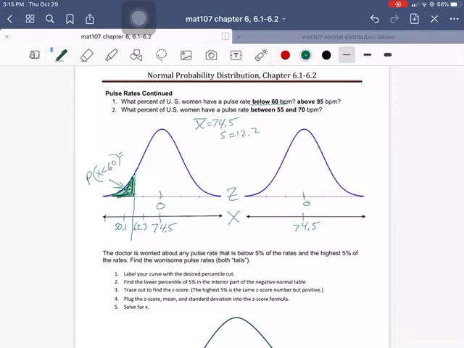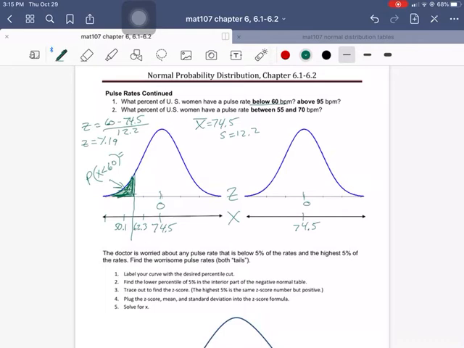All right, so I need a z-score for this. So z equals 60, the individual point, minus the mean over the standard deviation. And when you crunch that out, z is going to equal negative 1.19. Make sure you're rounding to 2 decimal places always for your z-scores so you can use the chart. All right, because we're going to use the table and go down to negative 1.1 and over to 0.09.